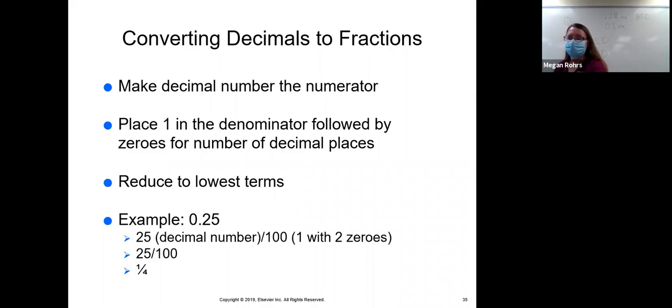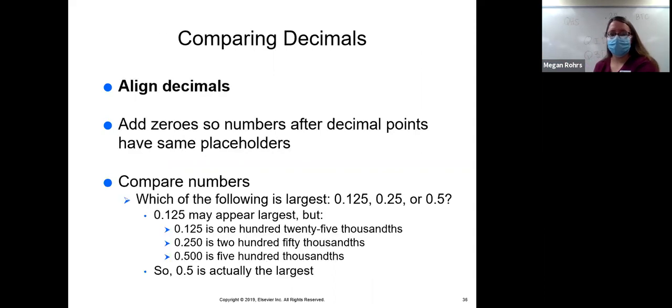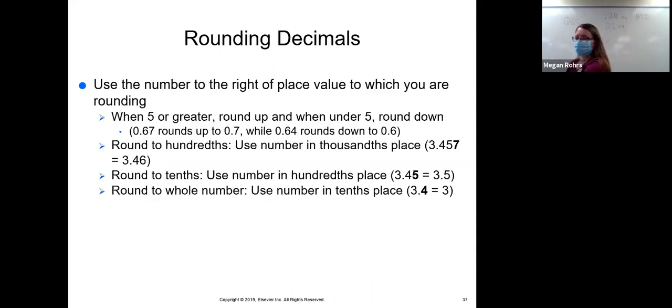How to compare decimals. So how you can look at multiple decimals and see which one's larger, which one's smaller. Rounding decimals. So this is very important. Please, whenever you're doing your assignments in your book, read the directions. If it says round to the nearest 10th, round to the nearest 100th. This skill is very critical for moving forward.